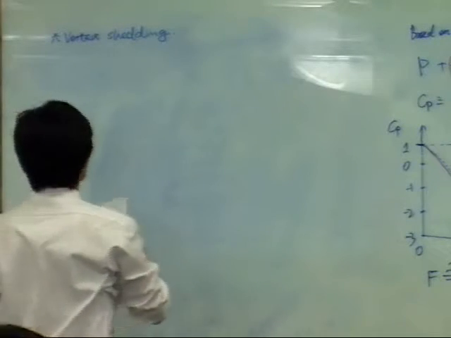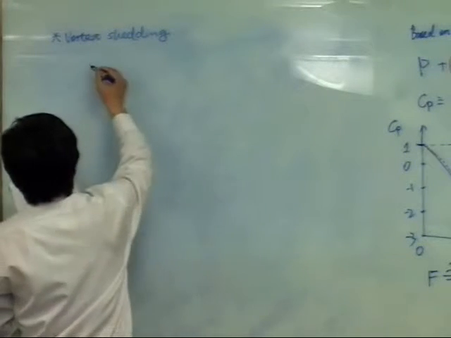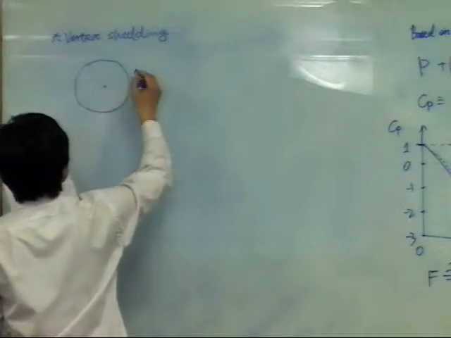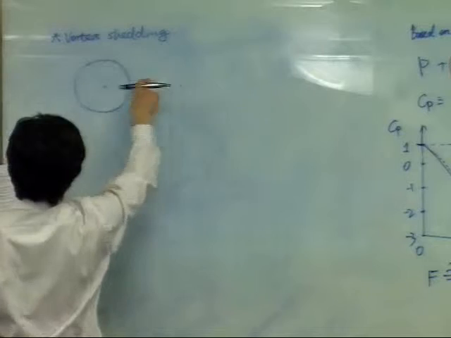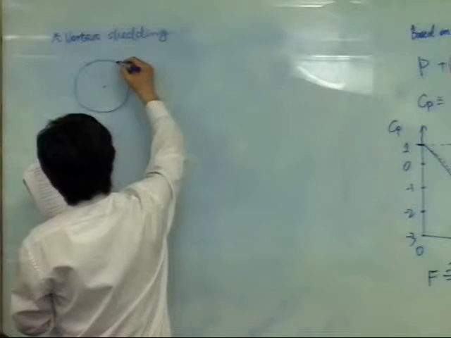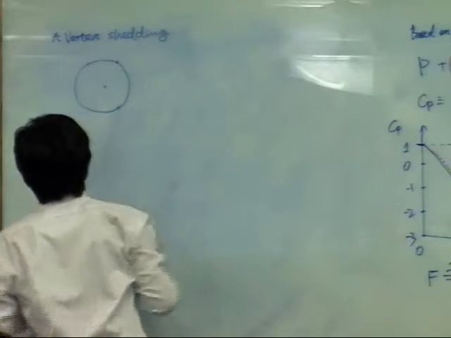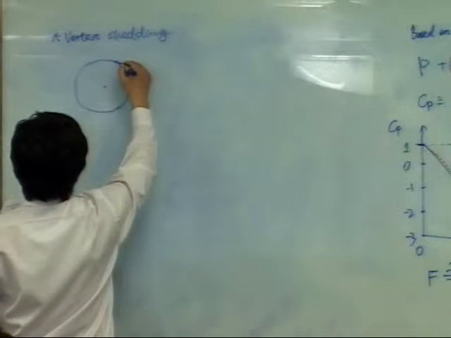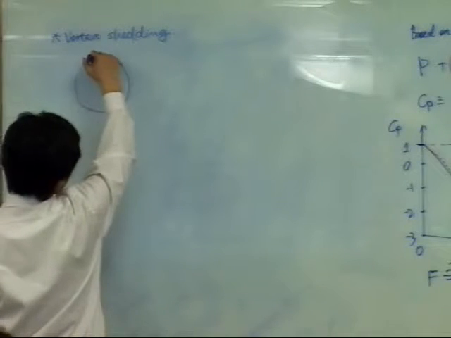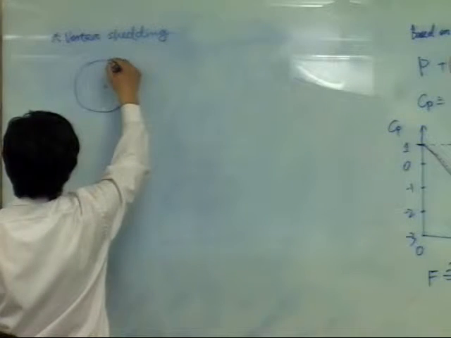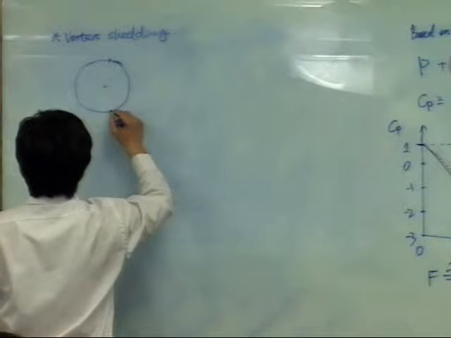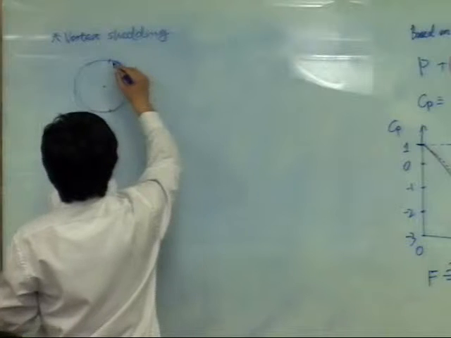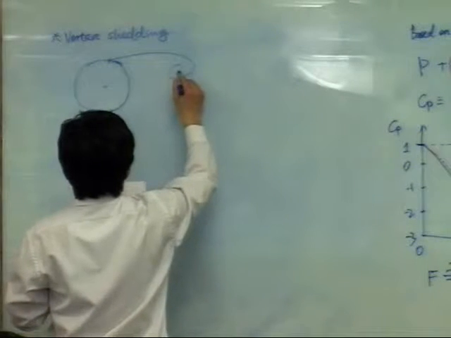We have a cylinder. When the flow passes this cylinder, we typically have separation points. For a laminar boundary layer it would be much earlier, but for a turbulent boundary layer it's around 110 degrees, and we have this separation.